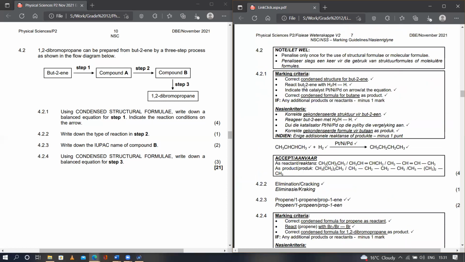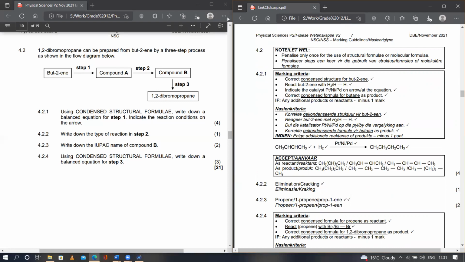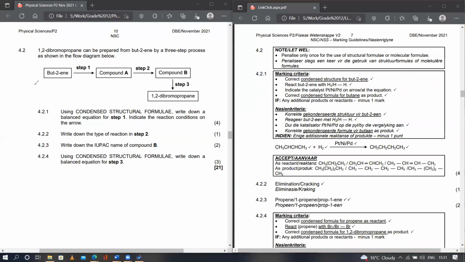So basically, what's gonna happen is that you're gonna change butane 2-ene from an alkene to an alkane. This is the formula for butane 2-ene. They want the condensed structural formulas, but I'm gonna use the structural formulas to illustrate.